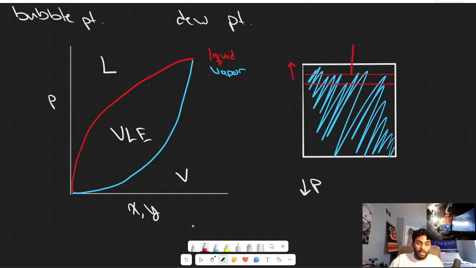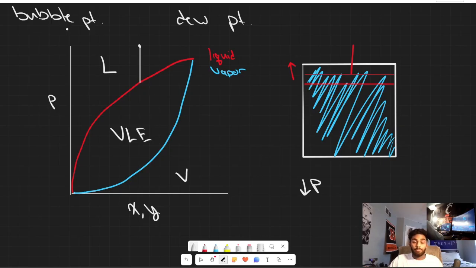So if we were starting at some initial point, let's say right about here, this is our initial starting state, at a higher pressure where we have an entirely liquid system, as we go down and meet our liquid line and start crossing into our vapor-liquid equilibrium, we will have the first bubble of vapor forming in our system.